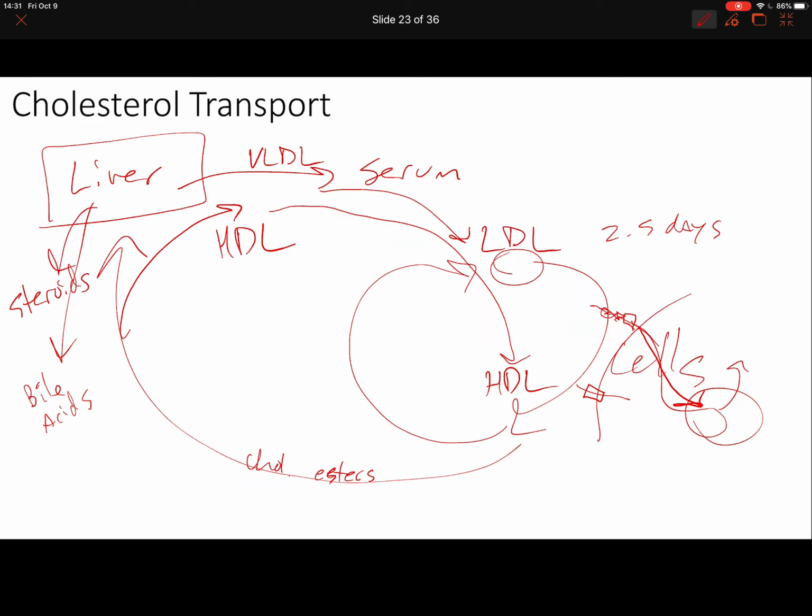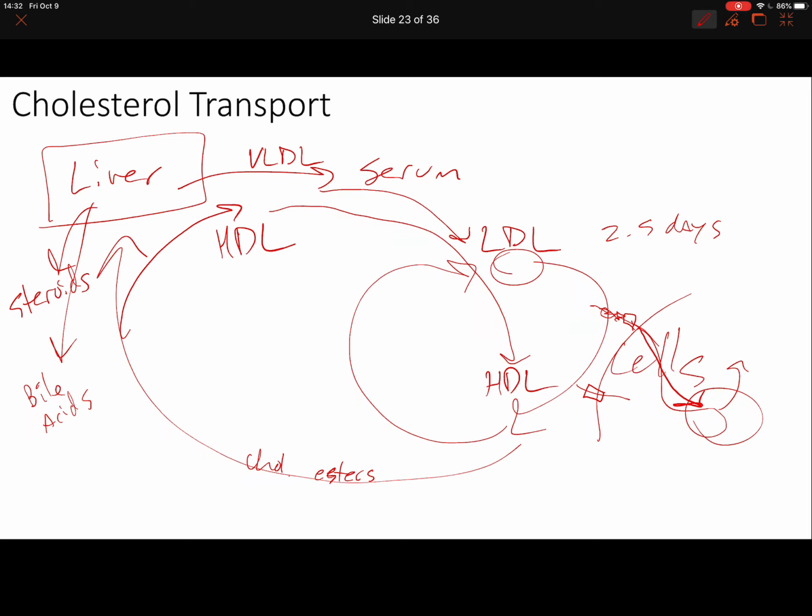So there's this disease called familial hypercholesterolemia, where there aren't enough LDL receptors, and so the plasma levels of cholesterol are as high as 600 milligrams per 100 milliliters. And those high levels of cholesterol can cause premature atherosclerosis and heart attacks. In general, high LDL means high cholesterol content in the plasma because LDL can't get into the cells.